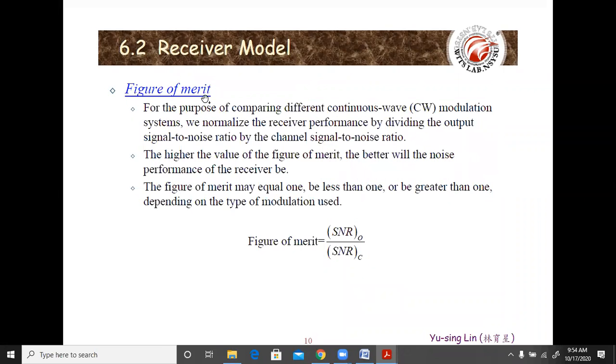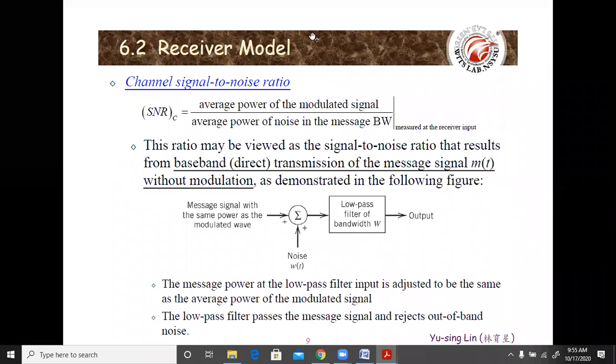So we define here a term known as the figure of merit. For the purpose of comparing different continuous wave modulation systems, we normalize the receiver performance by dividing the output signal to noise ratio by the channel signal to noise ratio, SNR0 divided by SNRC. SNRC is the average power of the modulated signal divided by the average power of the noise in the message bandwidth, measured at the receiver input.